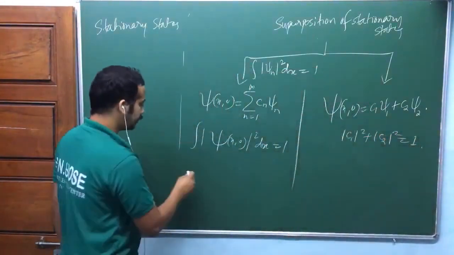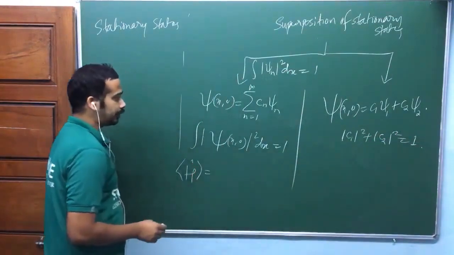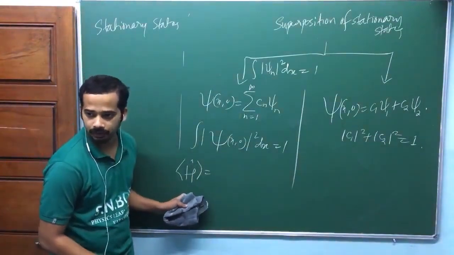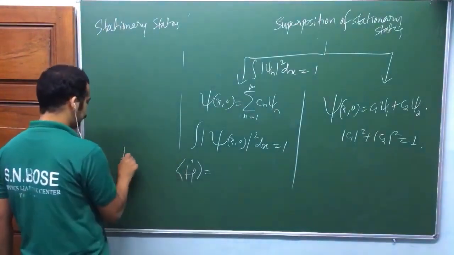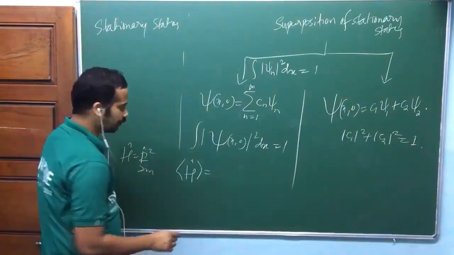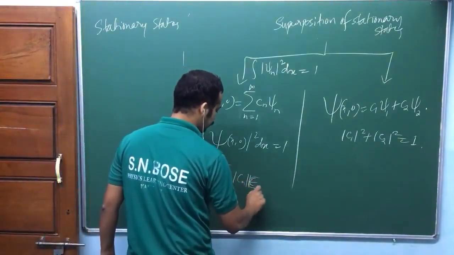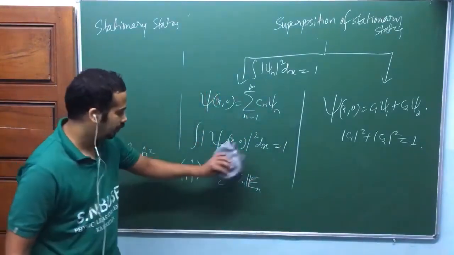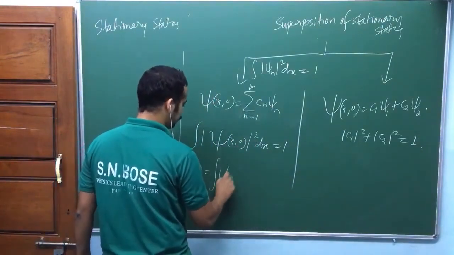In this case, if you want the expectation value of energy, again I'm discussing the particle in a box problem, not harmonic oscillator or something. Then H cap is nothing but p cap square by 2m. Now don't do it like this, because it will become an infinite series. After normalization, you do it like this.